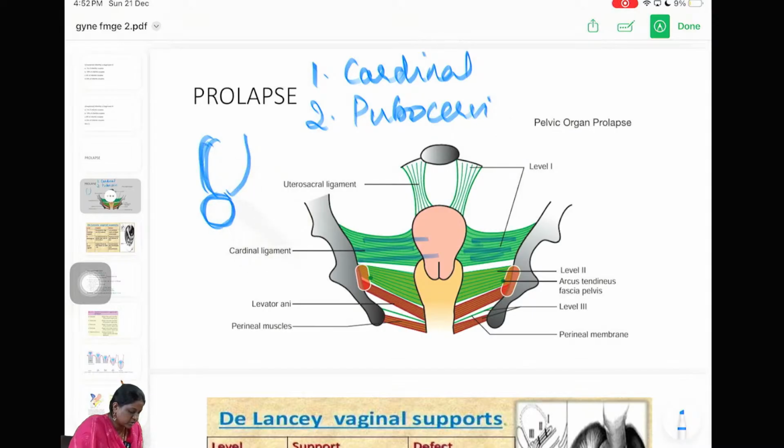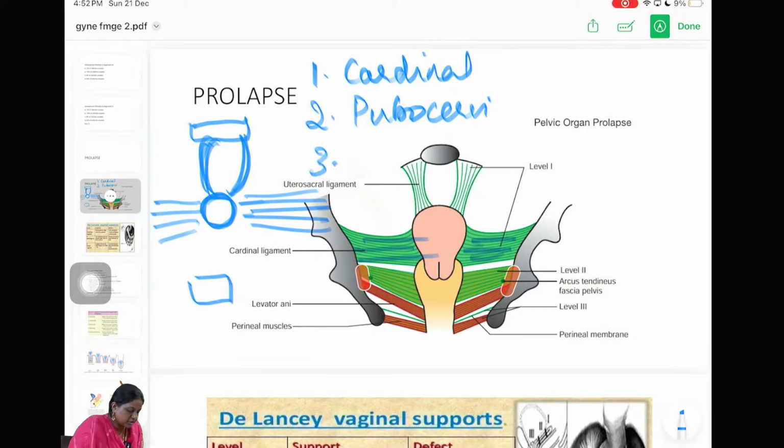If this is the cervix and the uterus, at the sides it is the cardinal ligament. In the front it is the pubocervical, because this is the pubis, and here it is the sacrum. The third is the uterosacral, from the uterus to the sacrum. So these are the major ligaments.